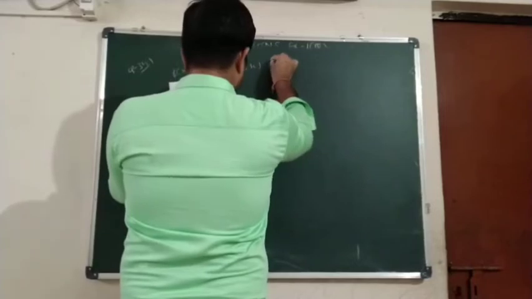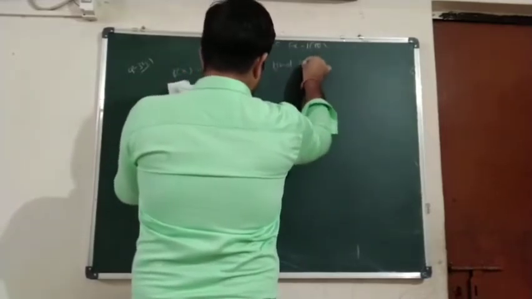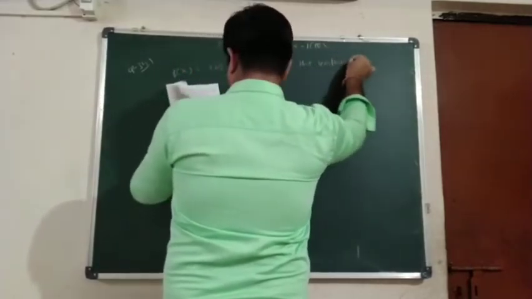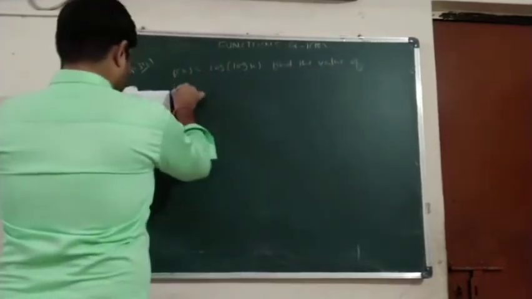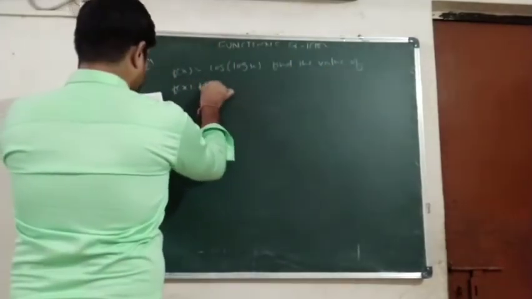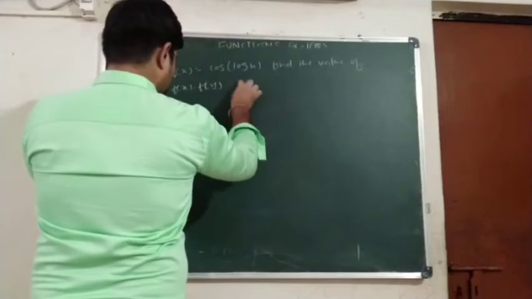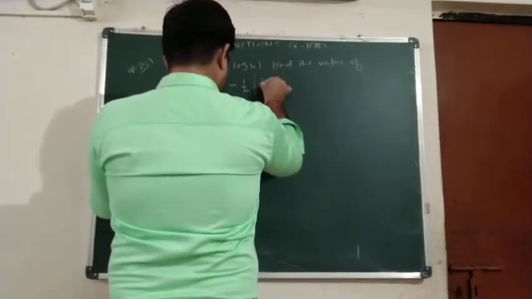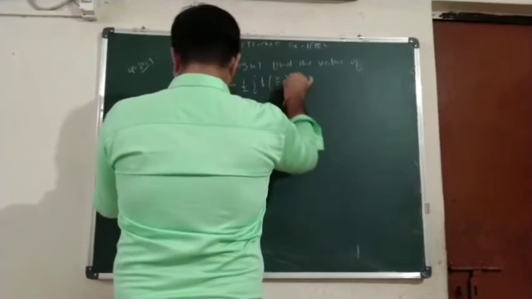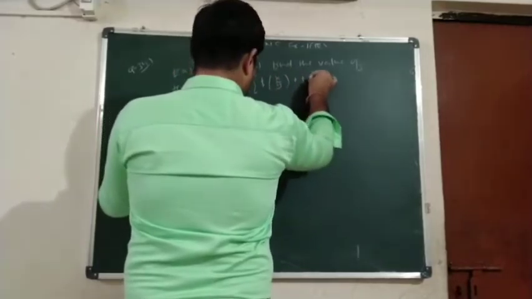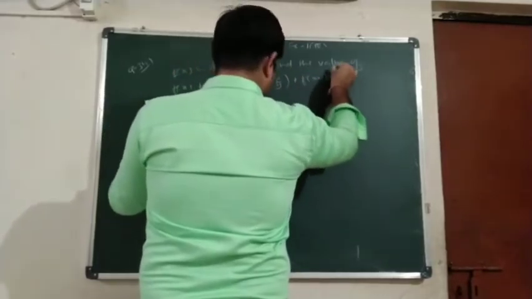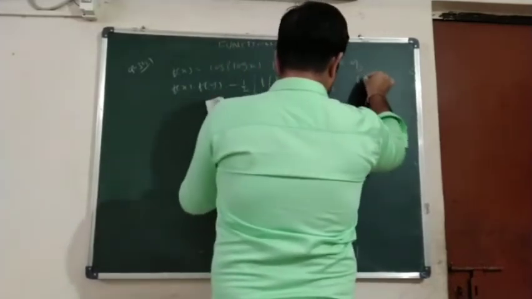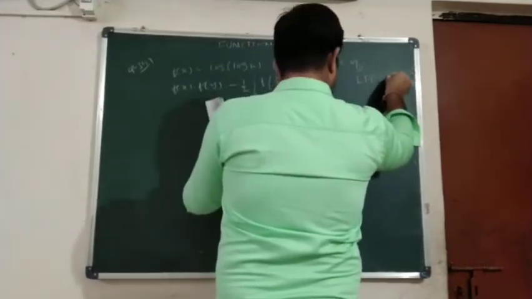We have to find the value of f of x into f of y minus 1 by 2 into f of x by y plus f of xy. This question was asked in IIT 1993.